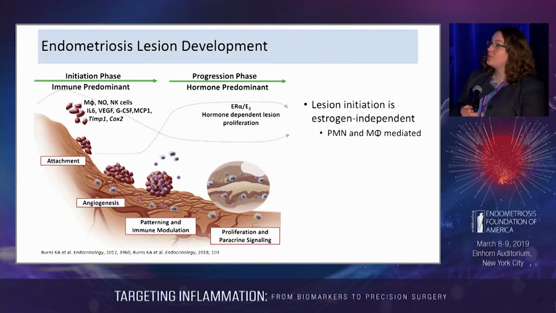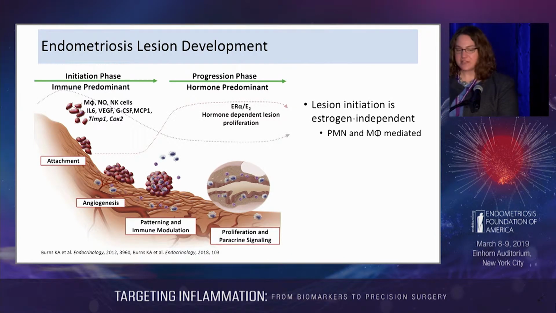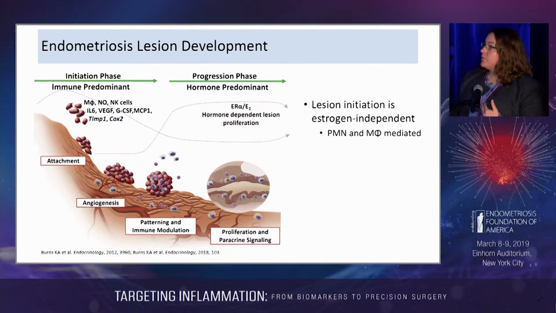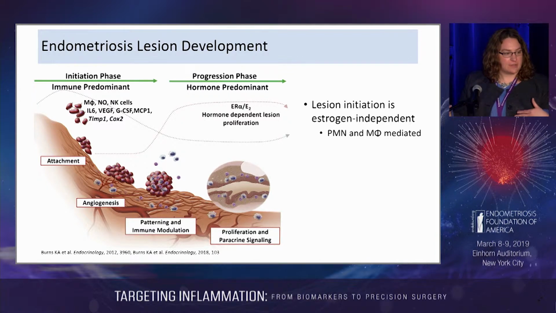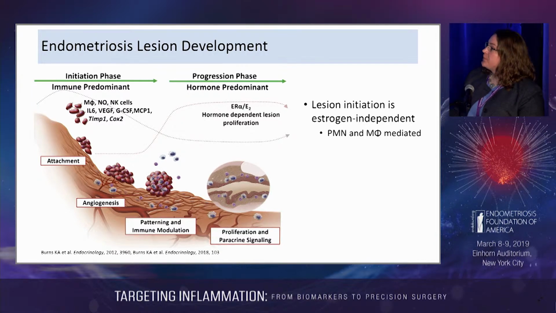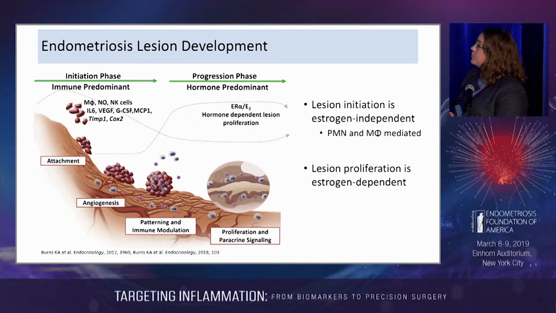Okay, so the first thing I want to talk about is how we in my lab really think about the initiation and development of endometriosis. We think about two different phases, the initiation phase, which is immune predominant, and then the progression phase. The initiation phase we think is predominantly due to the neutrophils and the macrophages, and then the proliferation is due to hormone dependence.